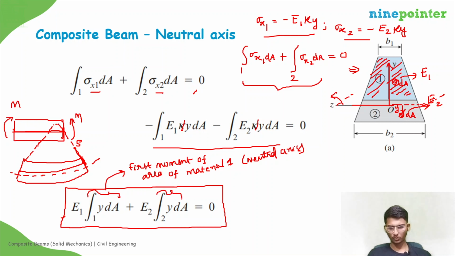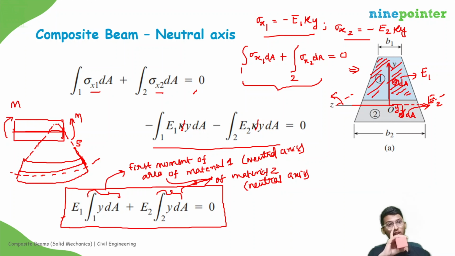This is the first moment of area of material 2 from the neutral axis. So E1 multiplied by the first moment of area of material 1, plus Young's modulus of material 2 into the first moment of area of material 2, is equal to 0. From this we can find out the neutral axis position.